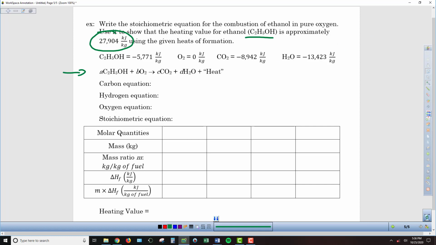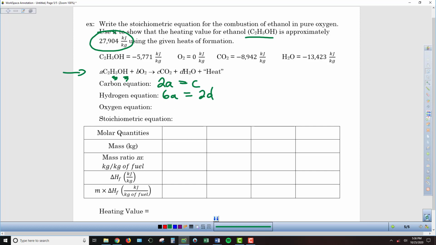So for the carbon, we've got 2A equals just C on the right-hand side. For the hydrogen, we've got 6 hydrogen because we've got the 5, and then one more makes 6 times A equals, then on the other side it's 2D. For the oxygen, we've got multiple spots where oxygen is present on both the left and the right.